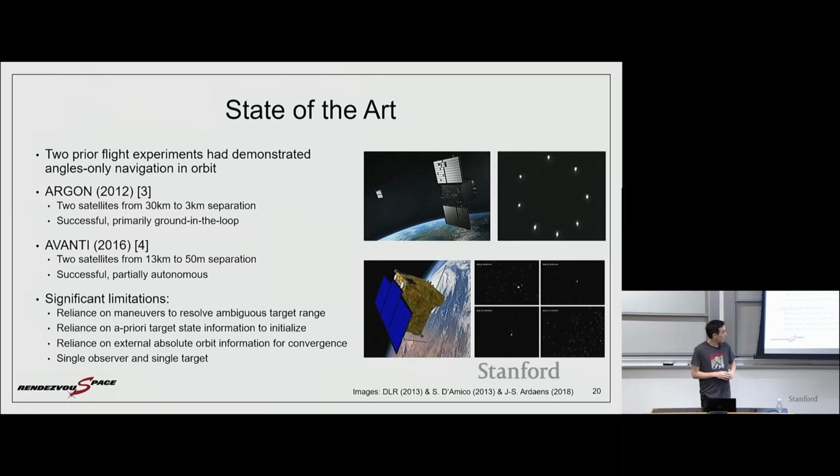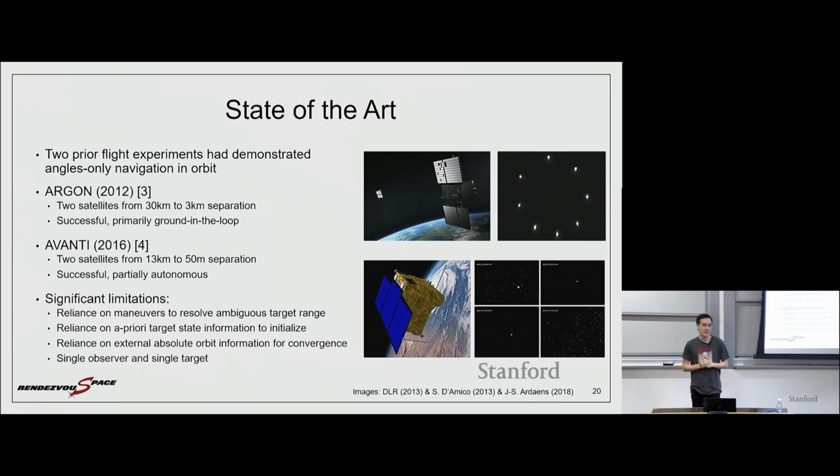And this was followed by Avanti in 2016, which built upon Argon, looked at, again, a rendezvous between two satellites, this time from 13 kilometers down to 50 meters of separation, with more autonomous elements and doing some of those navigation tasks on board.